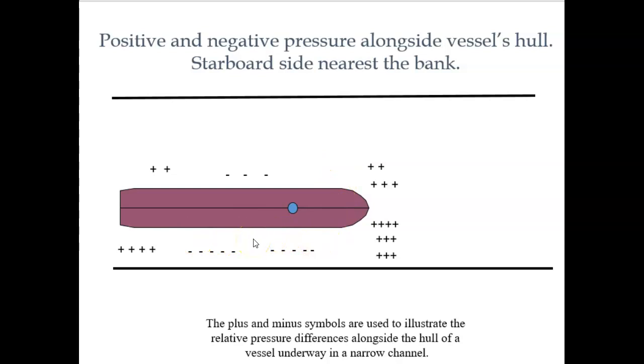Now here's the trough alongside. I told you there's a riding wave, there's a crest, there's a trough, and then there's a stern wave, another crest on the stern. This gets into the Bernoulli principle. The trough alongside the near bank side is going to be deeper than the trough along the not near bank side. Now that's kind of a big thought right there. This trough is going to be deeper than this trough over here. Back here at the stern wave, because of the constriction, the stern wave might be a little bit greater.